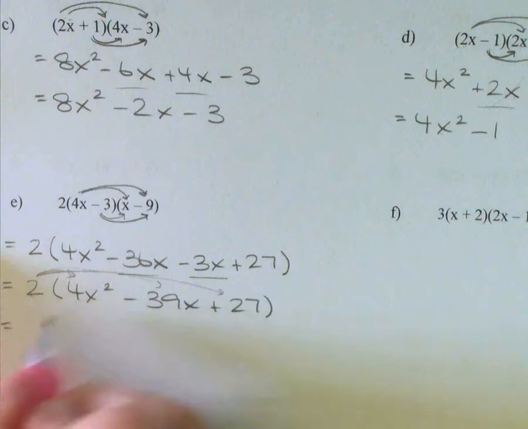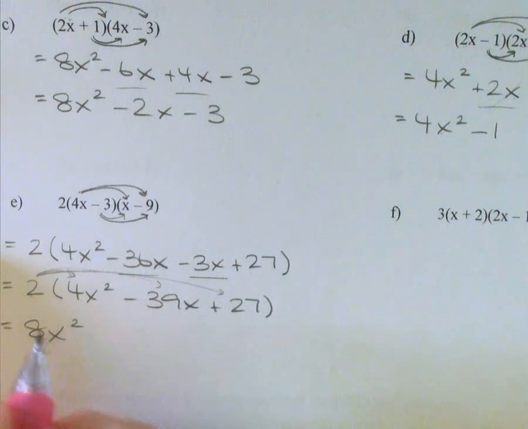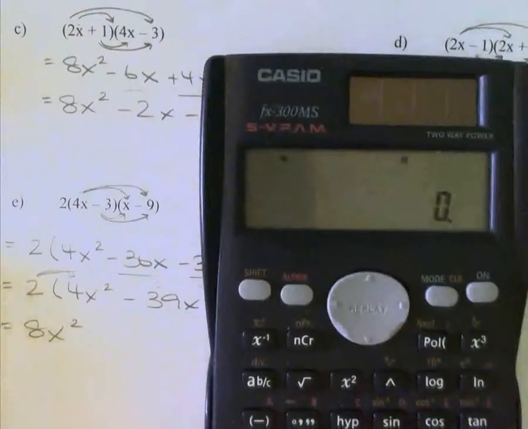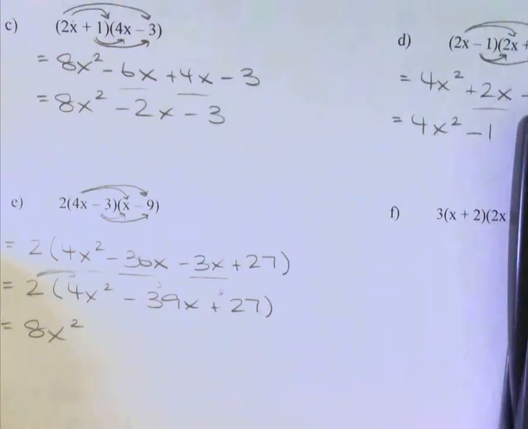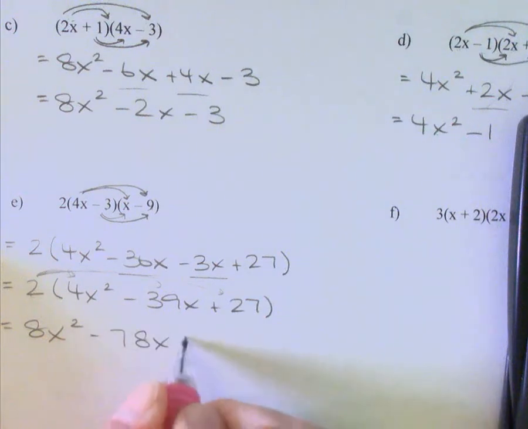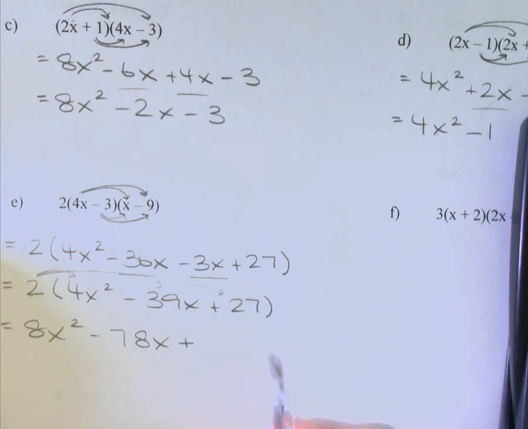So 2 times 4x squared is 8x squared. 2 times 39x, well, I can pull out my calculator, and I can say 2 times 39 is 78. So I can say this is minus 78x, and then I can do 2 times 27, and I can say plus 54. Okay, so we do brackets first, and then we multiply by the number in front.